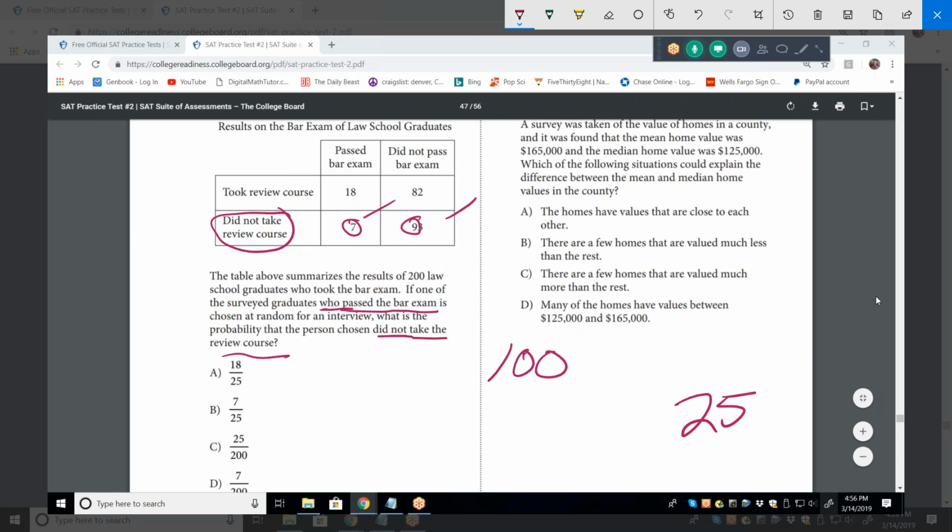Okay. Out of those, how many people did not take the review? 7. It's actually a pretty easy question if you read the problem correctly. But it's easy to not read the problem correctly. At least it is for me.